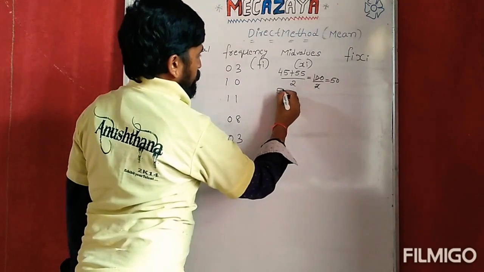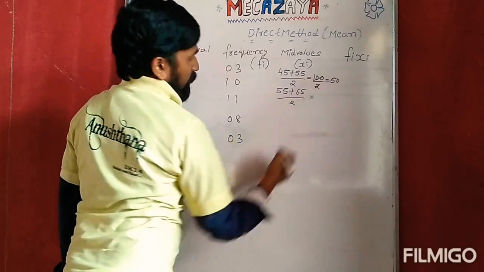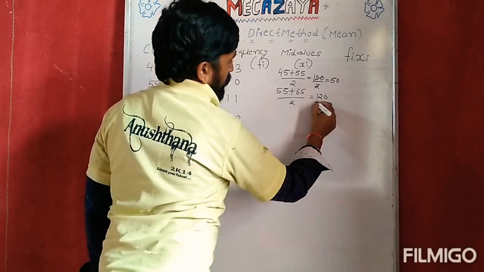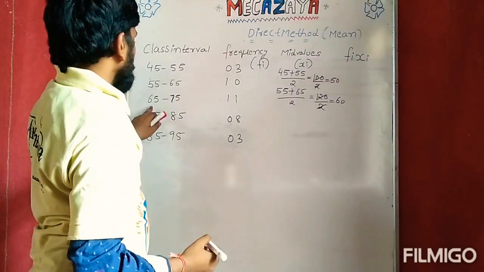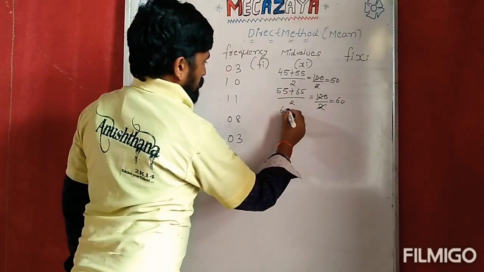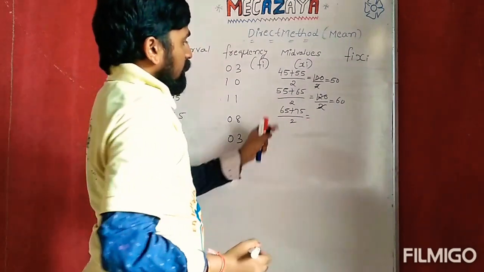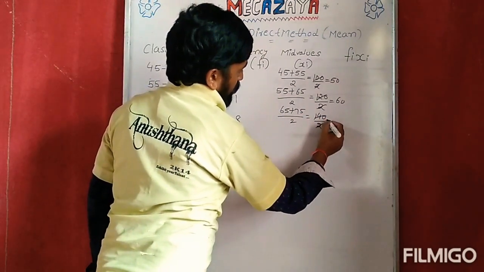Next, 55 plus 65 is 120, by 2 is 60. Next, 65 plus 75 is 140, by 2 is 70.